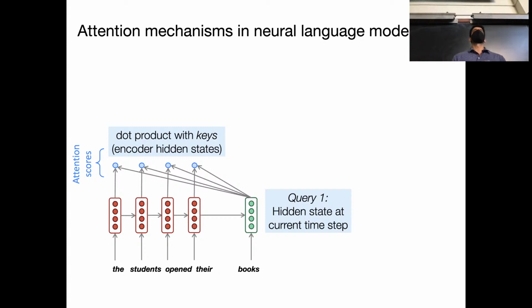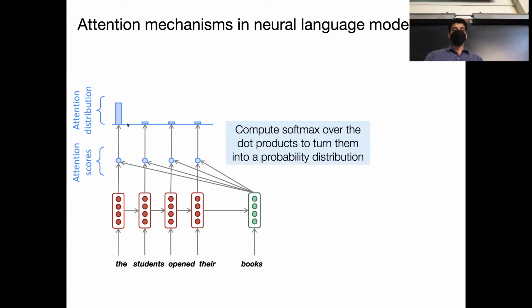Just like when we get the predicted distribution of the next word, we want these to be normalized. It would be nice if we could interpret them as a probability distribution over all of the keys. And so we have a simple solution for this, right? We can just apply the softmax function over all of these dot products that we've computed. And if we do this, we're going to get a probability distribution over all of these keys.